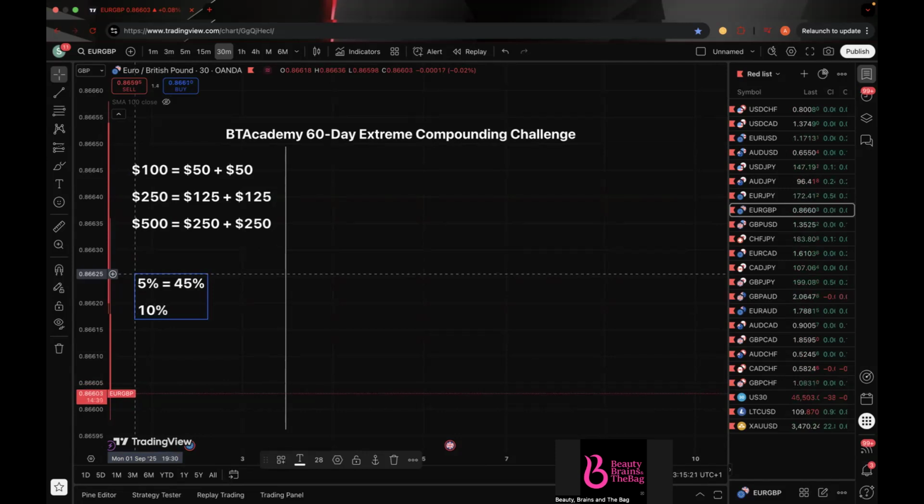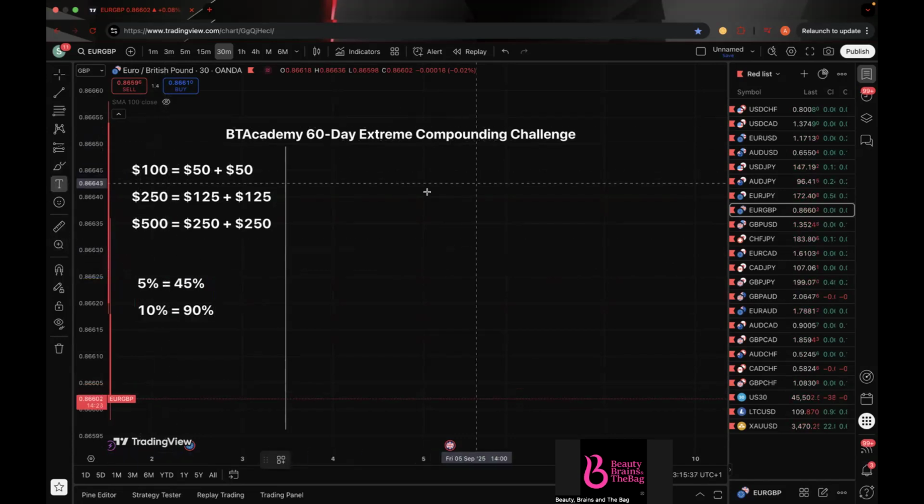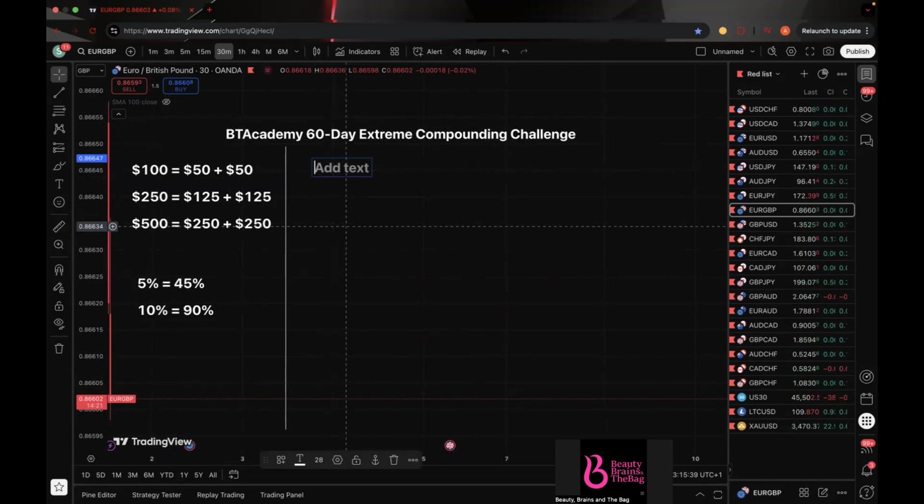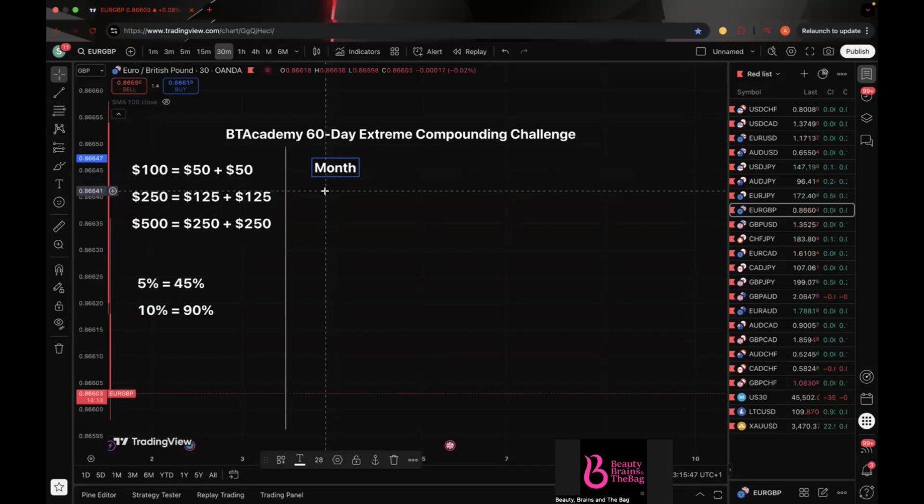If you do the maths, that should translate to something within the range of 90% on average over the course of 3 months. So here's how we're going to do it. At the start of the first month, your risk is going to be calculated based on your account balance.